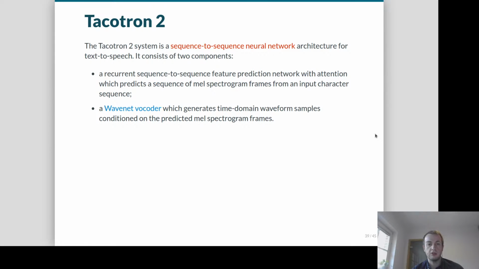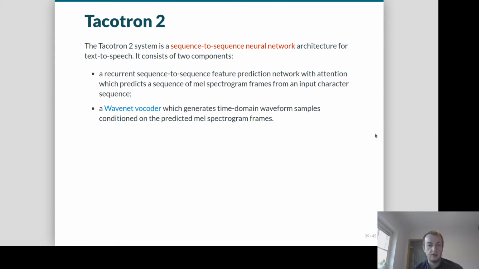And so, as just a quick example for this text-to-speech, I will walk you through this Tacotron 2 architecture, which is again based on a sequence-to-sequence neural network. That architecture consists of two components.